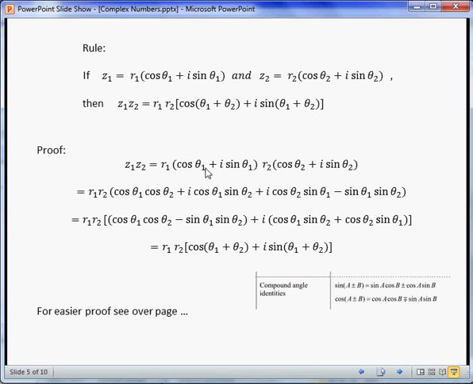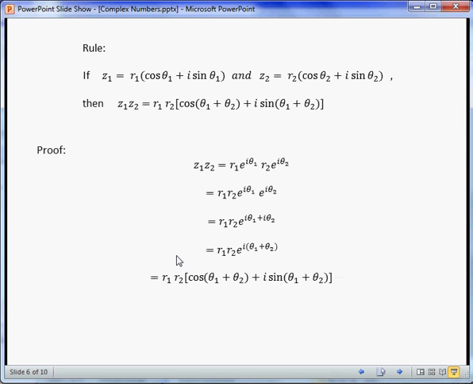Well, we can do it by using our distributive law here, and then taking out a common factor of i, grouping the real terms and the imaginary terms, using a compound angle formula, you'll get your proof. Okay, if I hadn't shown you all that, that's quite complicated.